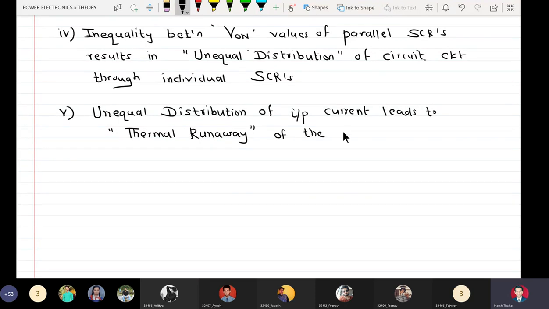So basically, thermal runaway will ultimately lead to destruction of SCRs. Okay.